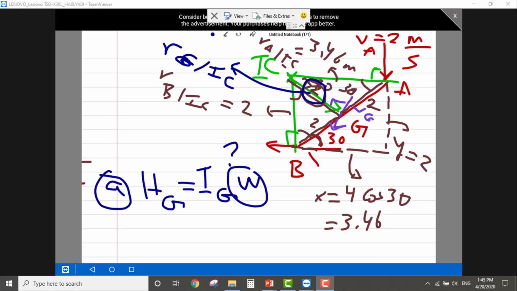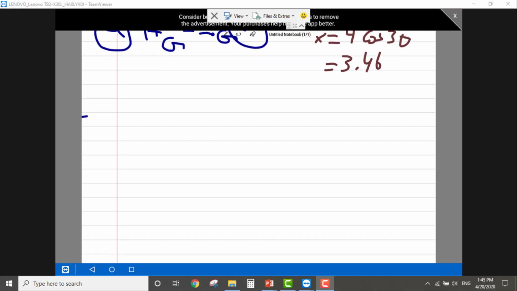We start from the given information, which is point A. I know the velocity of point A. Using the relative velocity equation, velocity A is equal to velocity IC, plus the relative velocity with respect to IC.